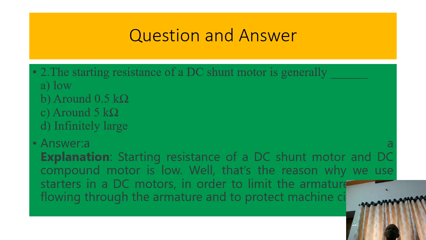Next question, all of you listen. Question number 2. The starting resistance of a DC shunt motor is generally: A, low; B, around 0.5 kilo ohms; C, around 5 kilo ohms; D, infinitely large. Which one is the correct answer?